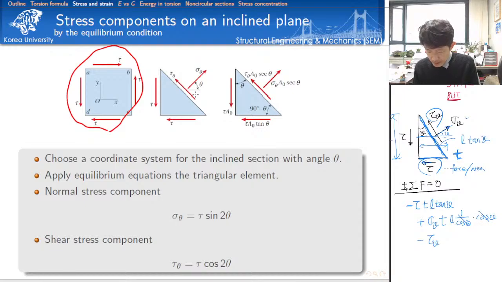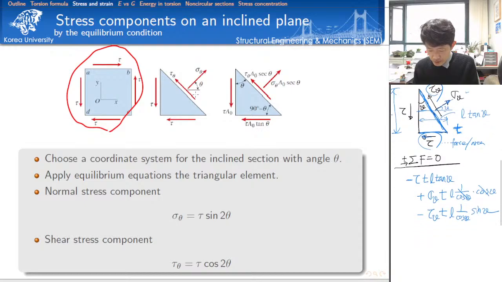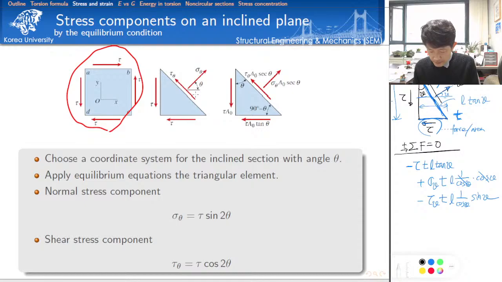Okay. And then let's check this guy. Tau theta t, and the length divided by cosine theta, and then we need to consider the sine component, sine theta. This is equal to 0. And then we do the same for the force equilibrium in the vertical direction.